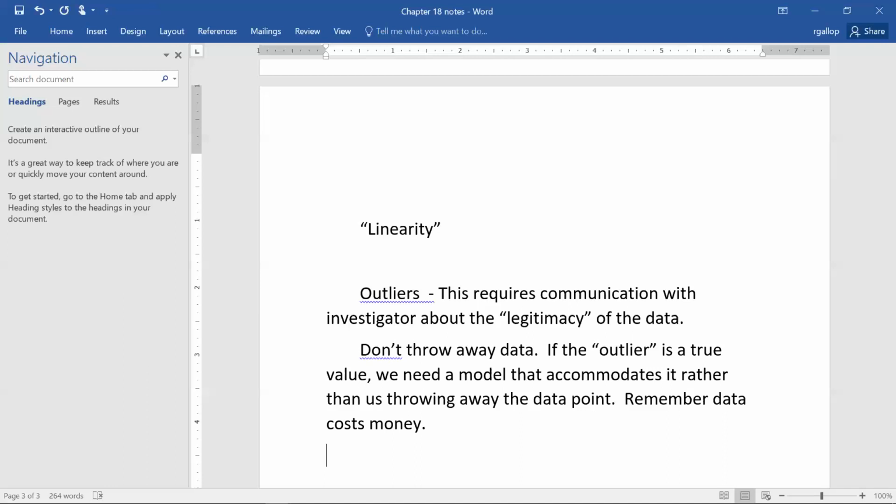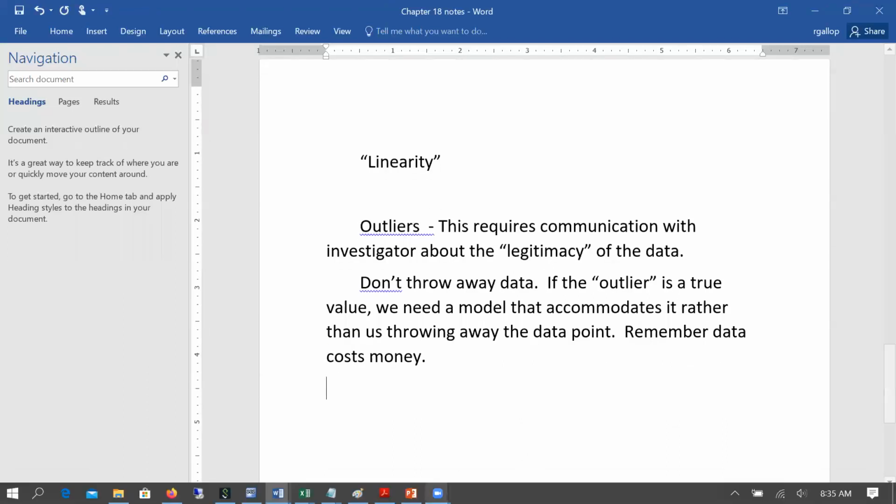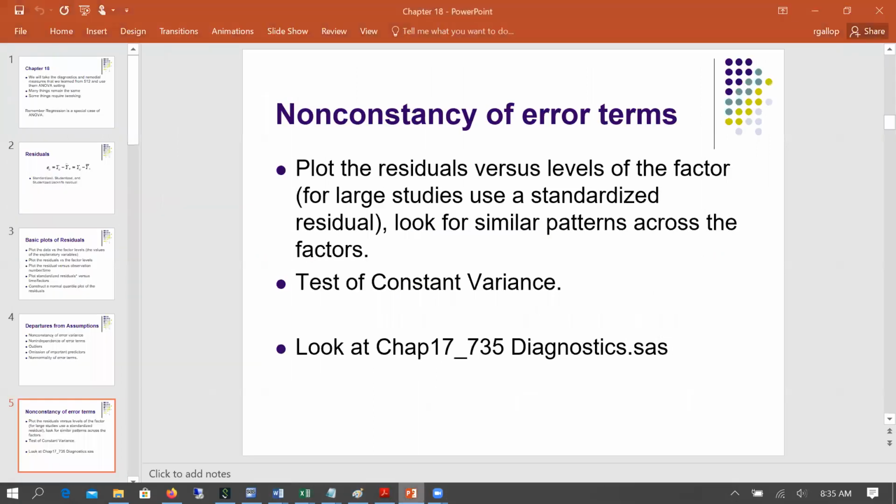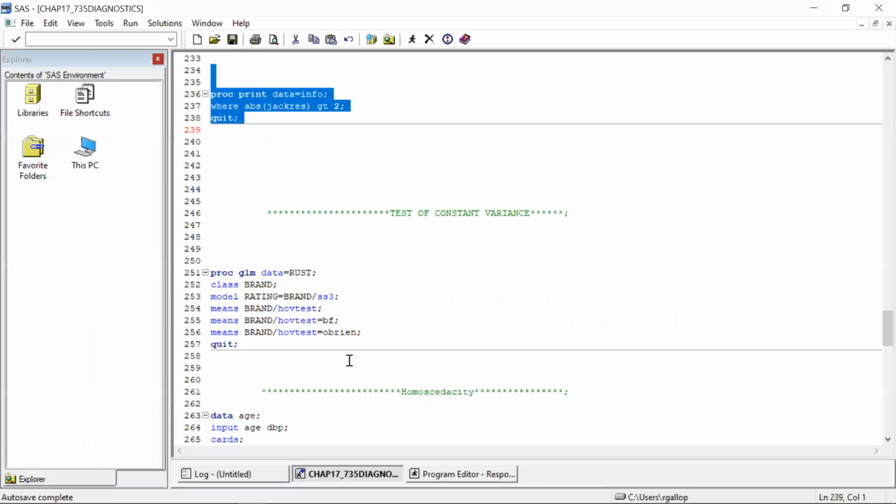If I'm throwing away data, I'm throwing away money. Some of the data you look at in the textbook is kind of goofy data, the Kenton data, and there's not necessarily money involved in that. But remember, data is money. So the investigator has to be very cautious about what you're throwing away blindly. We have to keep that in mind as we move forward.